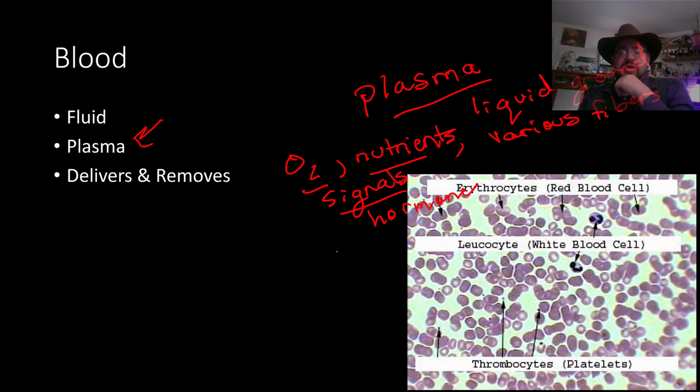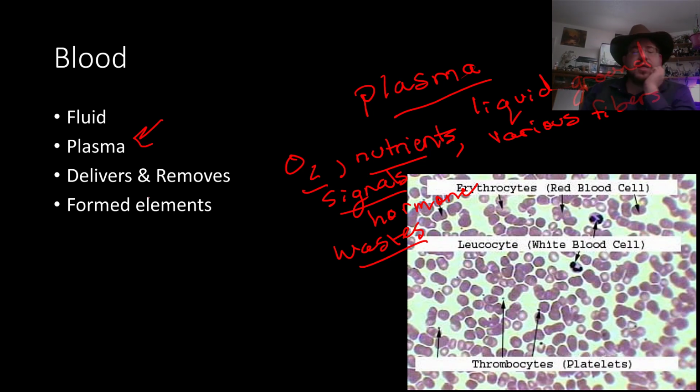Blood delivers all those, and then it removes wastes. It removes various types of waste generated by organs or structures. And then in the blood we have the cellular portion, the formed elements.